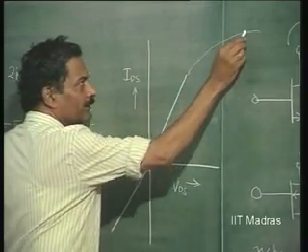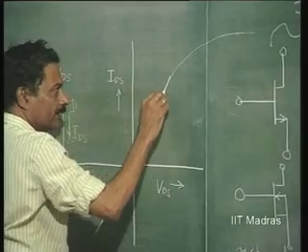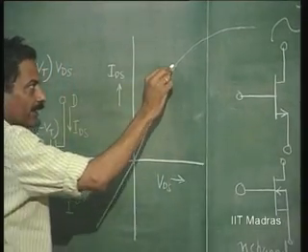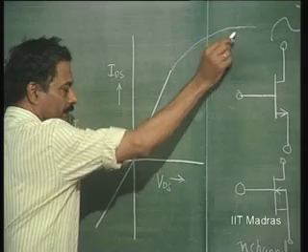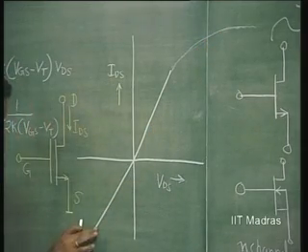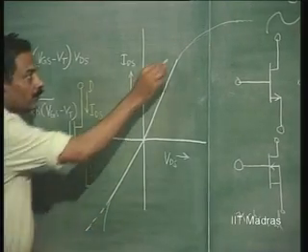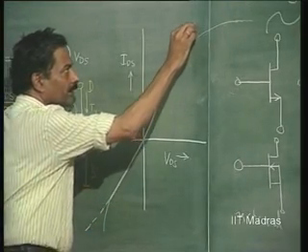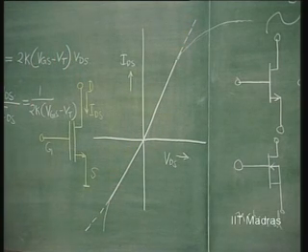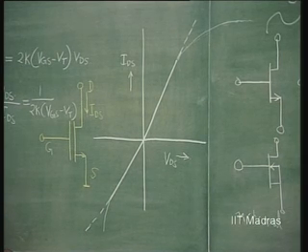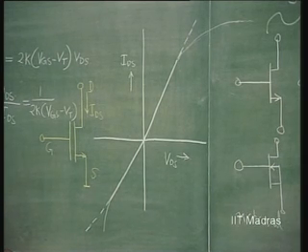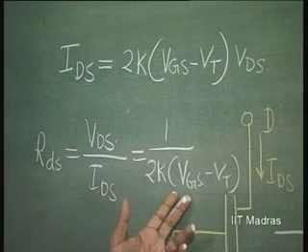After a certain point, this goes to nonlinearity. The resistance linearity should not be disturbed by this nonlinearity. As long as the deviation from the linearity is not much, that means around VDS equal to 0, any of these FETs can be straight away used as a controlled resistor, the slope being controlled by VGS.